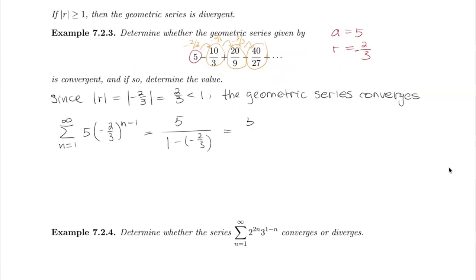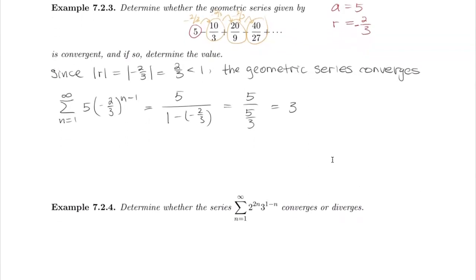And so once we add the terms up, that's going to be 5 over 5/3, and this value is just going to equal 3. So that's the value of the geometric series. Let's have a look at another example.